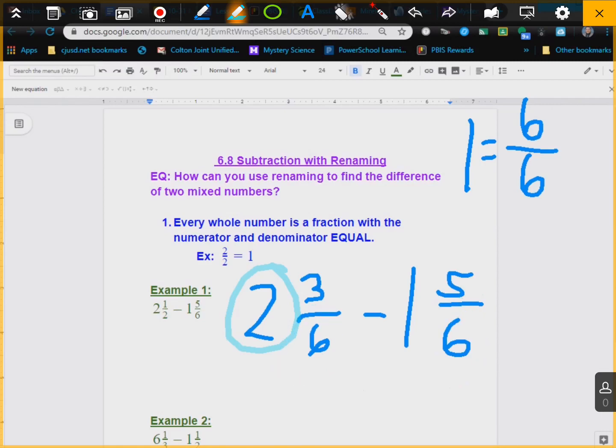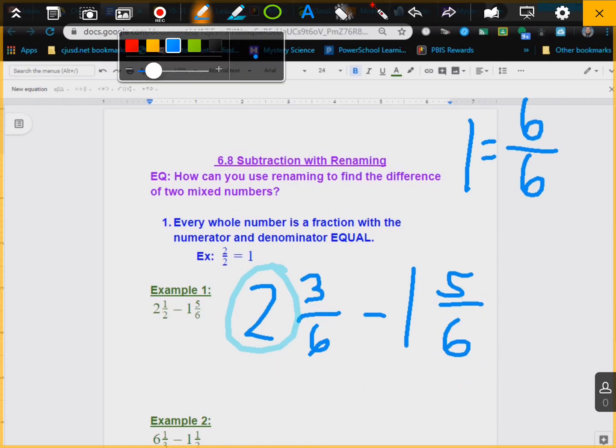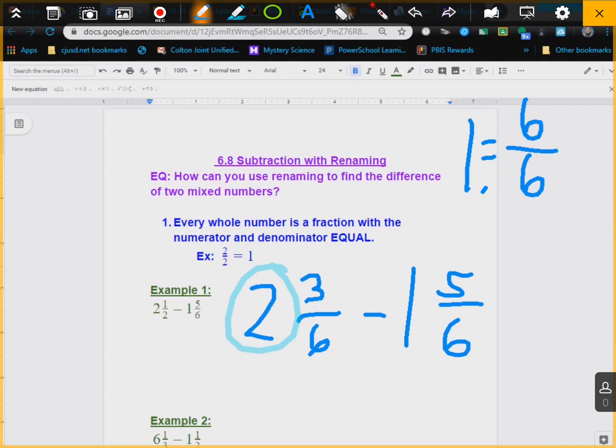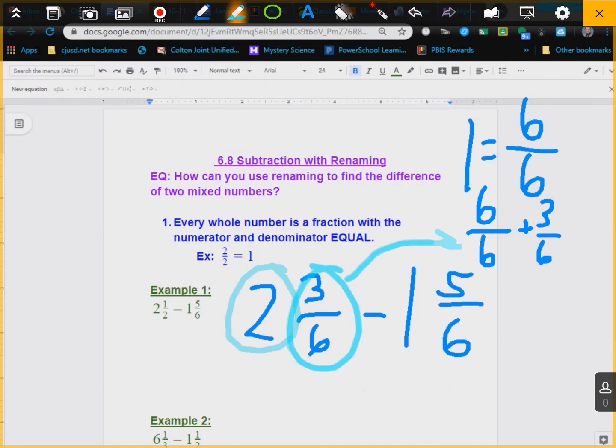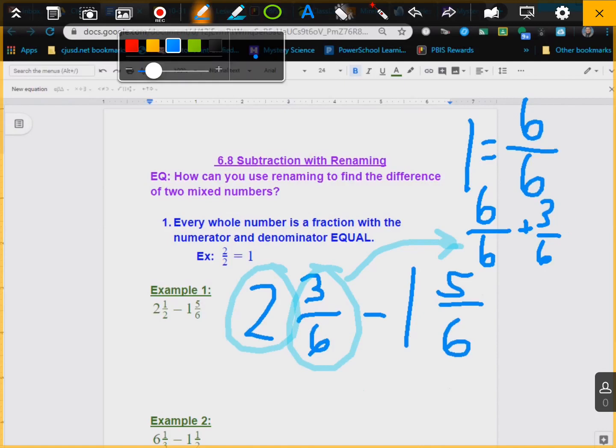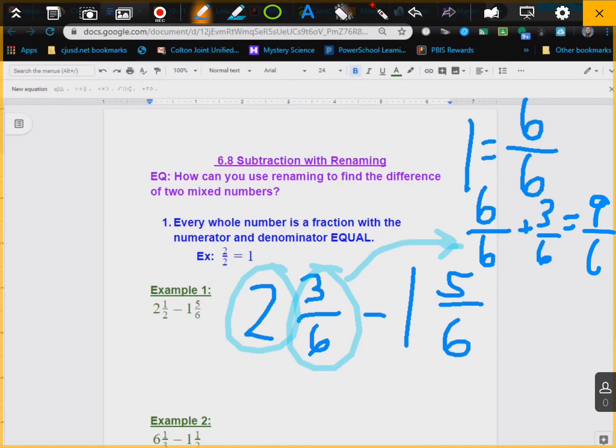So, I'm going to take one of my 1's and add it, 6 over 6 plus 3 over 6, which is this fraction right here. And that equals 9 over 6.